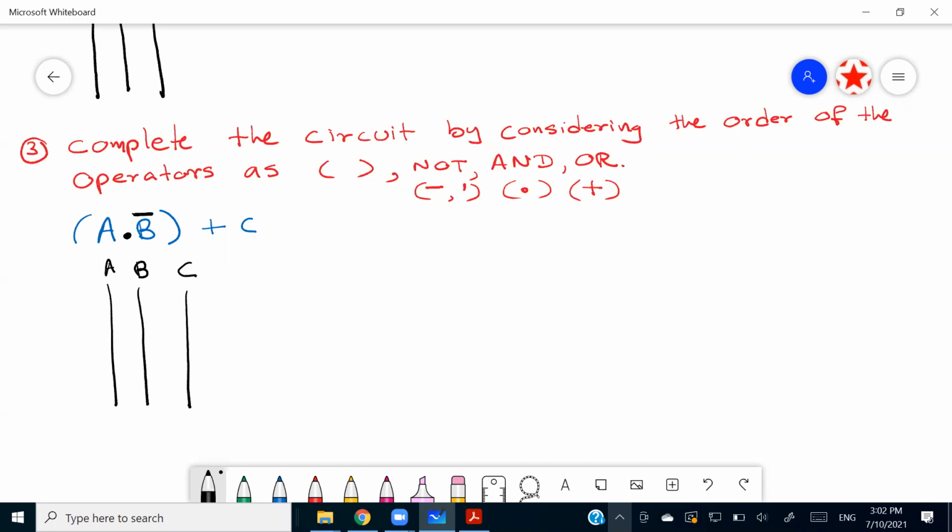So what are we going to do? Not is with the B. So I'm taking a line from B. I'm going to jump over C, otherwise our circuit will be a short circuit, right? And to the line B, I'm going to fix a NOT gate, right? So this will bring me the B over here, and this will output me a B bar.